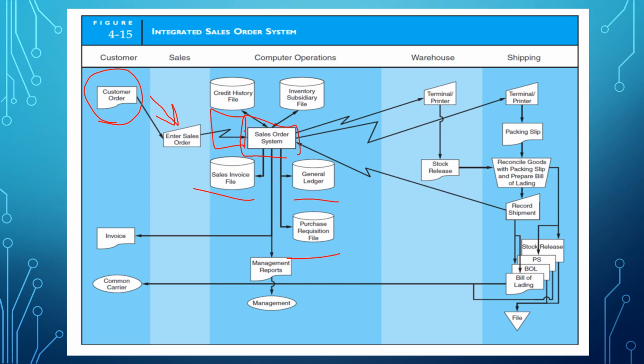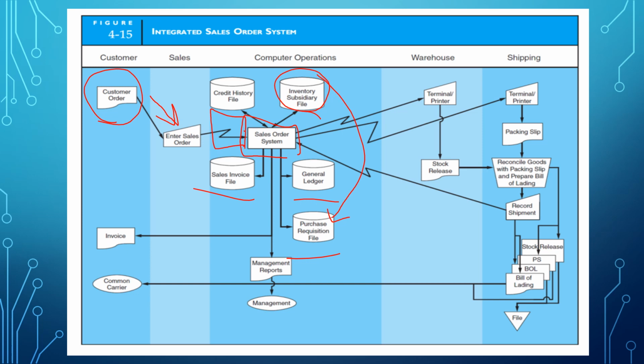Due to the updating of the inventory subsidiary file, if there is a lack of availability of some items in the inventory, it is connected to the purchase requisition file to request those items. There is also a credit history file to read and update about the customer.